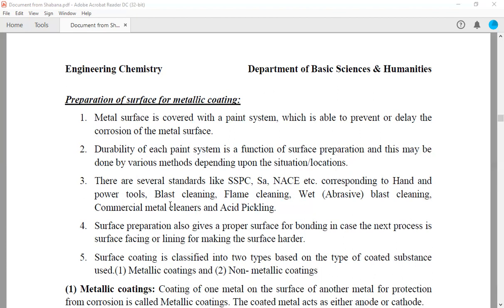The durability of each paint system is a function of surface preparation, and this may be done by various methods depending upon the situation or the location. Before applying any protective coating, the metal surface must be thoroughly cleaned to remove dirt, old protective coatings like paints, grease, and corrosion products.